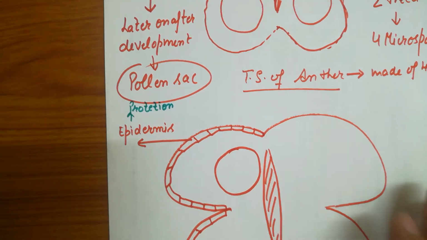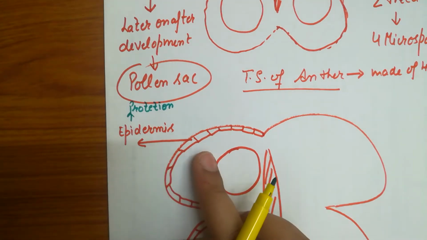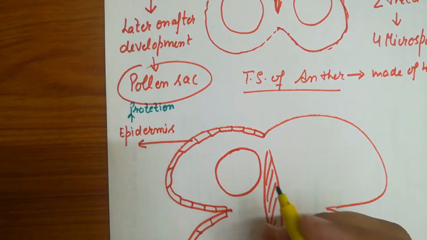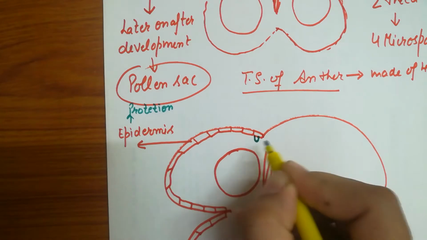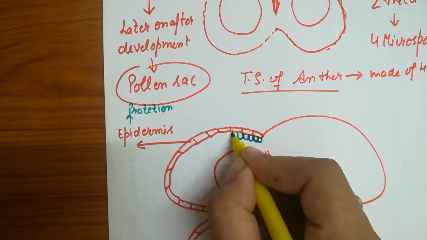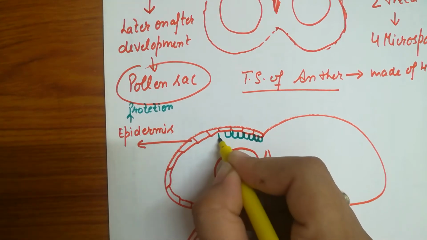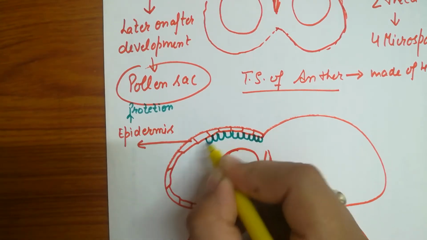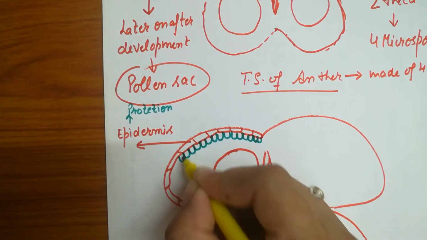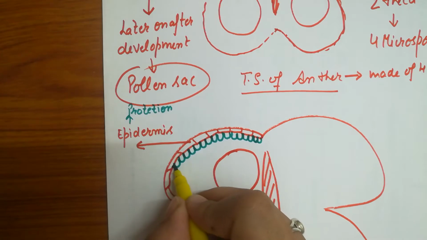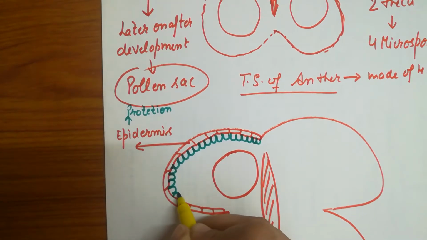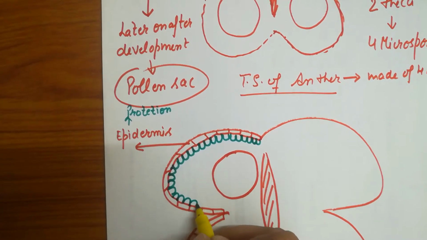Next, beneath the epidermis, there is another single layer, but its cells are radially arranged and compactly present, tightly packed. They have thickenings at the ends, and these thickenings contain a substance called callose.